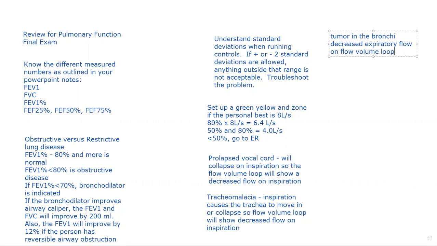Okay, number 9, cardiopulmonary stress test. Know what is measured during the stress test. And we're looking at oxygen being consumed, carbon dioxide being produced, and the anaerobic threshold is determined by looking at those two values.